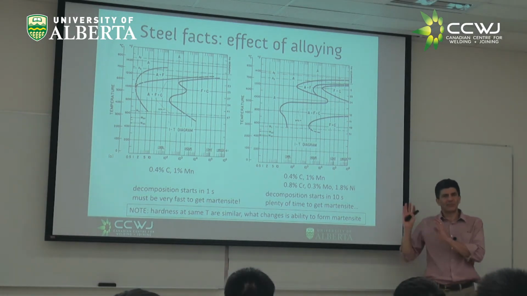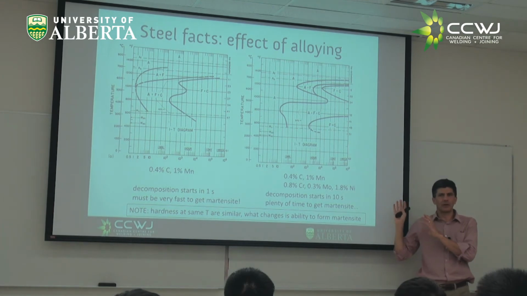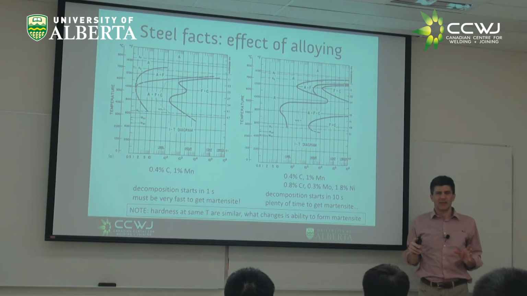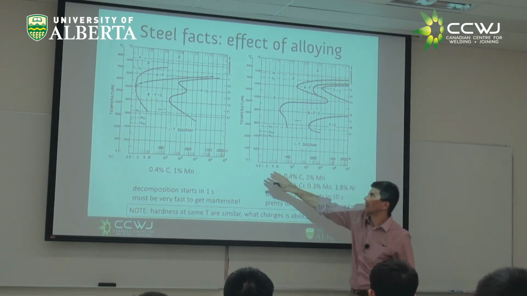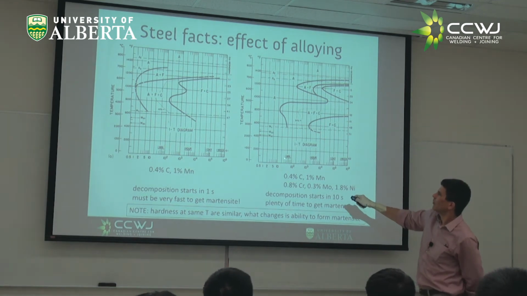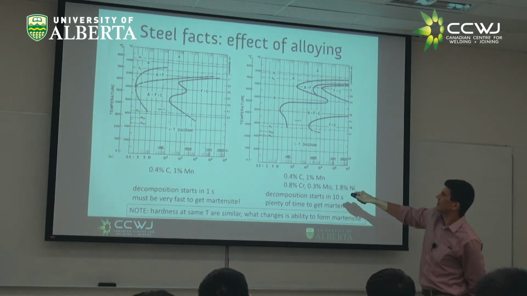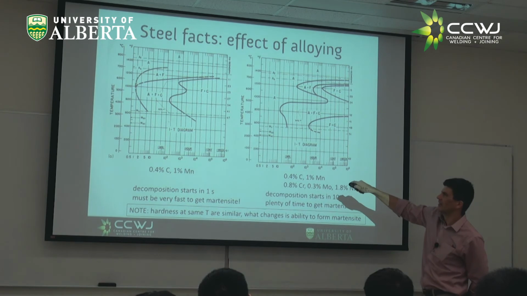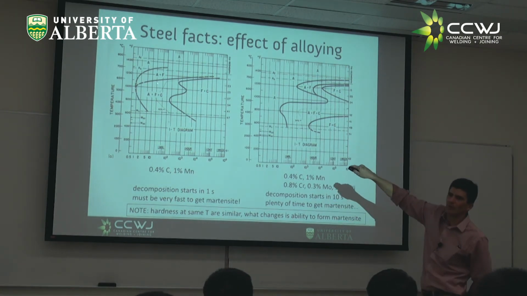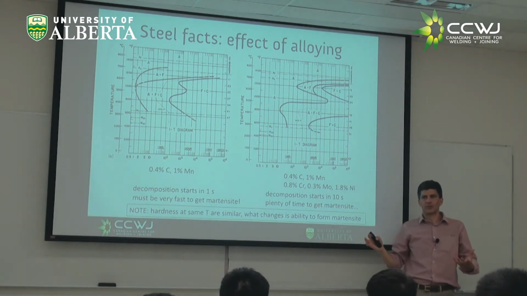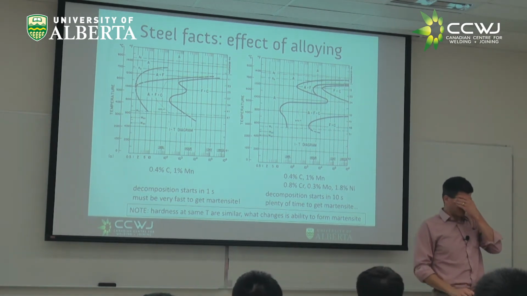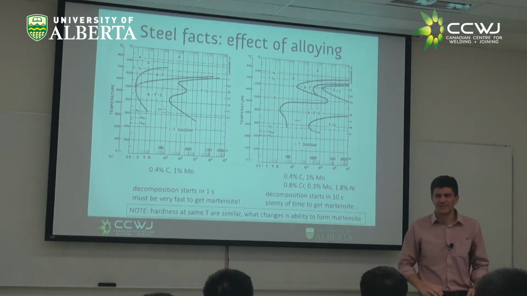If we were to do a holding heat treatment, they would end up with very comparable hardnesses. This steel here is not harder than this steel here. Now, if I cool down this steel in 10 seconds, I'm going to have all martensite. If I cool down this steel in 10 seconds, I'm going to have all kinds of decomposition products of austenite. So none of this is good for welding.